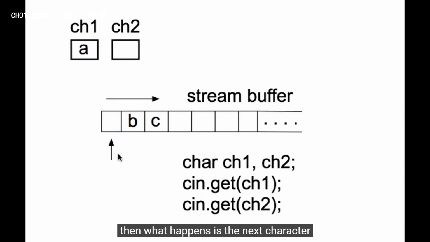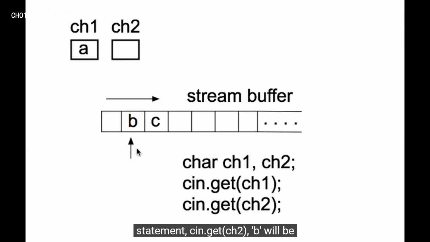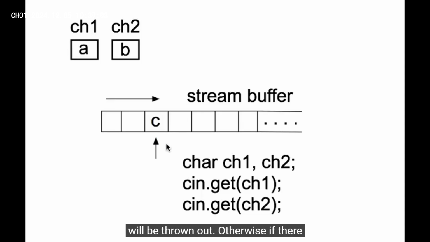And then what happens is the next character to be read moves over to the next byte right there. So when we have the next statement, cin.get ch2, B will be read from the buffer and stored into ch2, and then the pointer for the stream buffer, the next item to be read, will move over to C. If this is the end of our program, then the C will be thrown out.